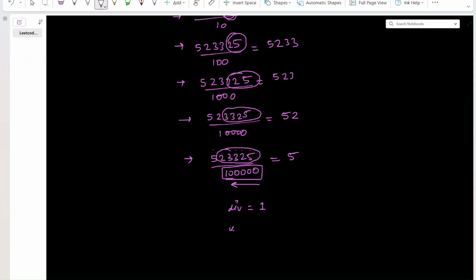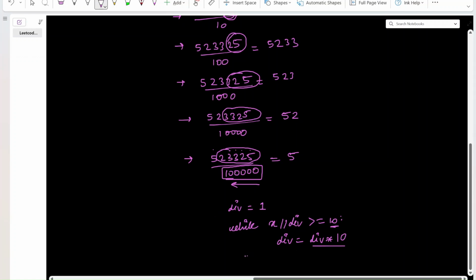And while my x divided by this divisor is greater than or equal to 10, I'm going to do divisor equal to divisor multiplied by 10. So every time I divide, if I get a number greater than 10, then I'm going to just increase the number of zeros. And the final div, the divisor variable that I get, will be this number after the loop.